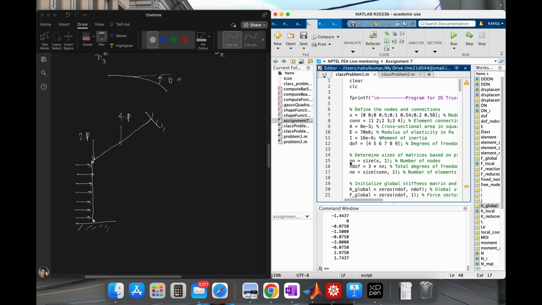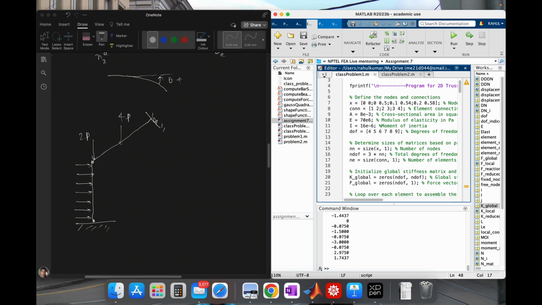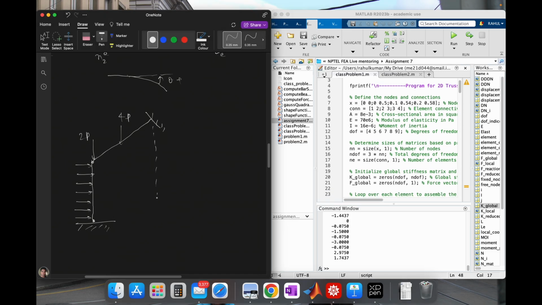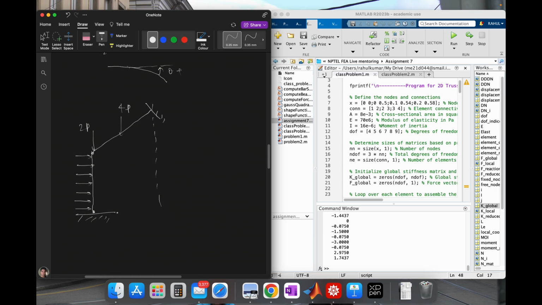The nodal coordinates were like this, and this one was L1, this one was L2, and this one was L3 if I am not wrong.